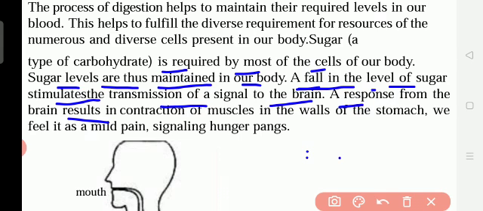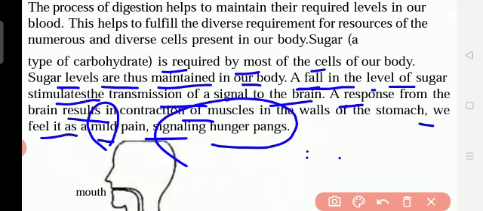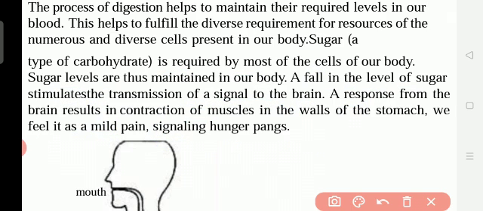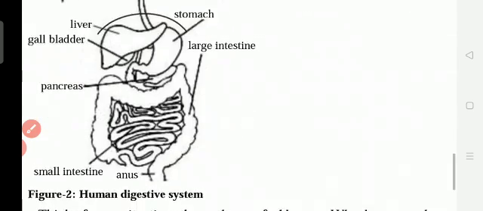Immediately the brain tells the walls of the stomach to contract, to shrink. At that time we feel mild pain, and a signal, and we feel hungry. You see how we are feeling hungry.